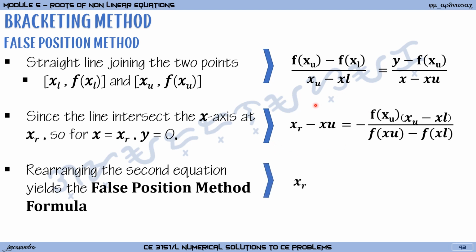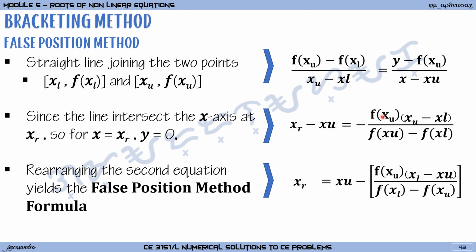So xr is simply equal to xu minus f(xu) times xl minus xu, divided by f(xl) minus f(xu). I just moved the negative sign inside, which is why there was an interchange in our equation. Basically, for the bisection method, our xr is simply xl plus xu divided by 2. In the false position method, this is now our working equation for the value of xr.